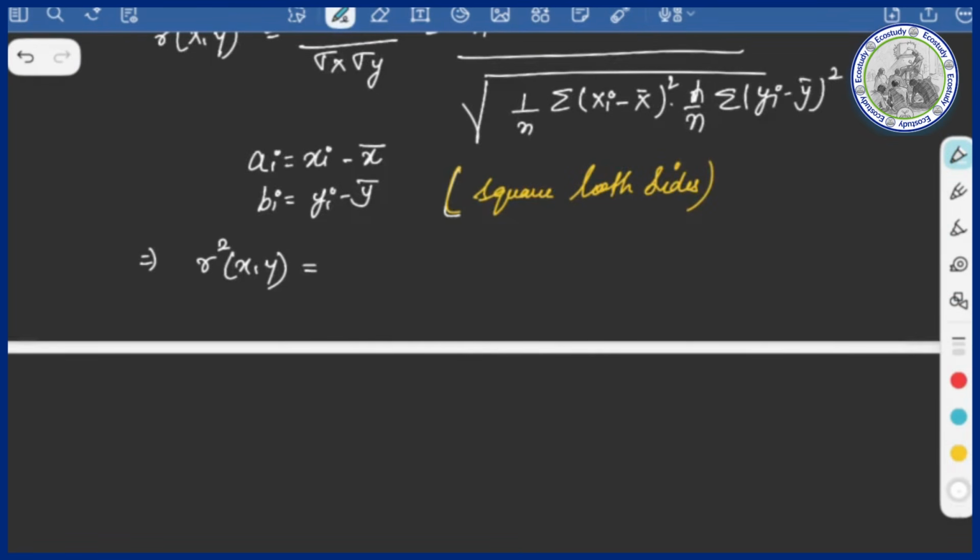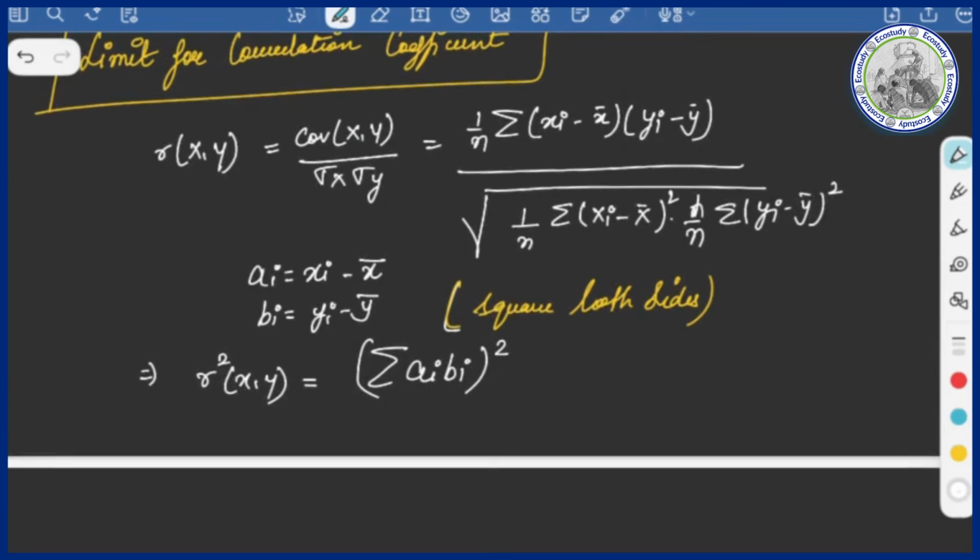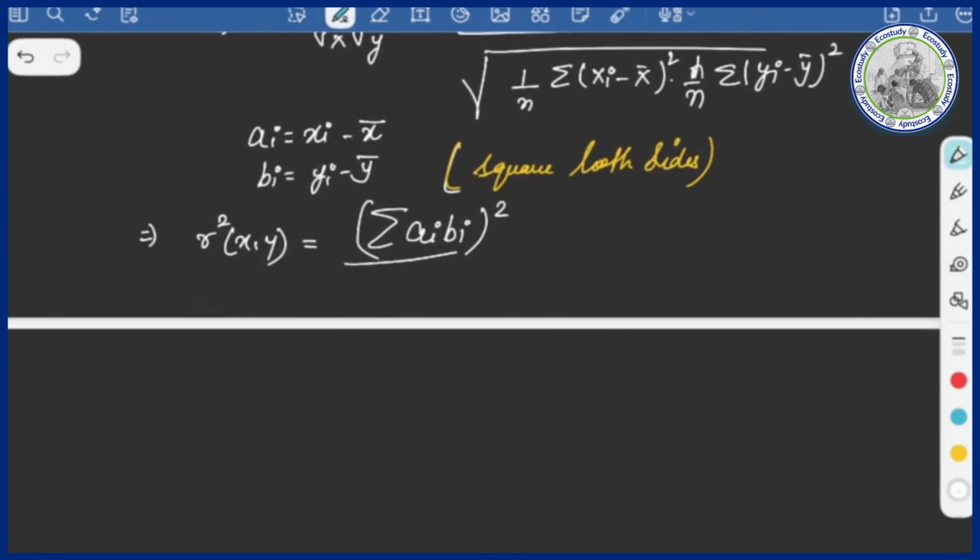So what we'll get, r square xy is equal to sigma ai bi whole square, because xi minus x bar is equal to ai and yi minus y bar is equal to bi, divided by sigma ai square into sigma bi square.